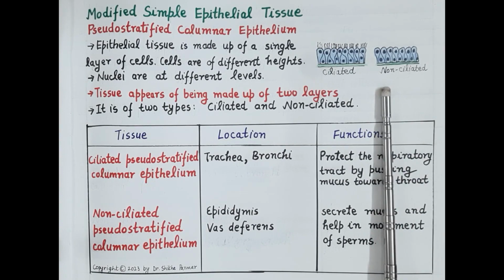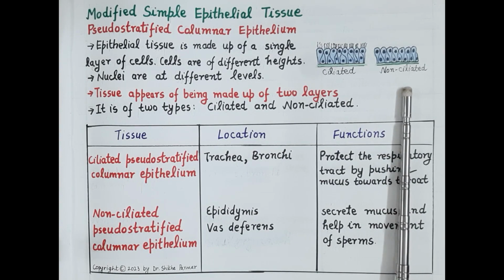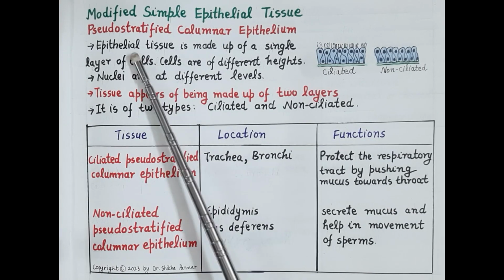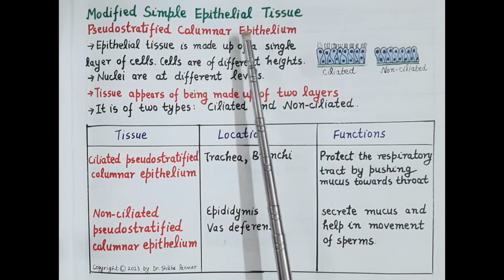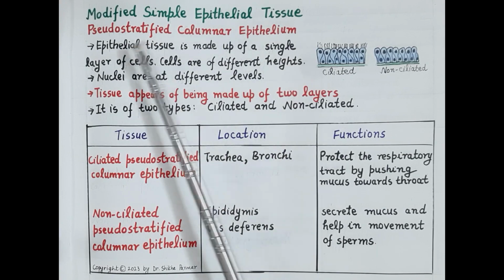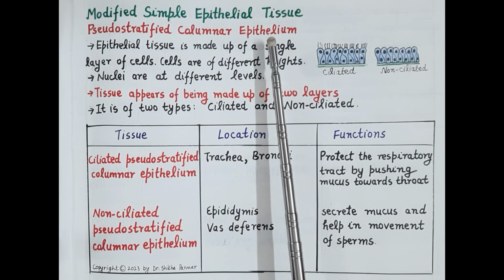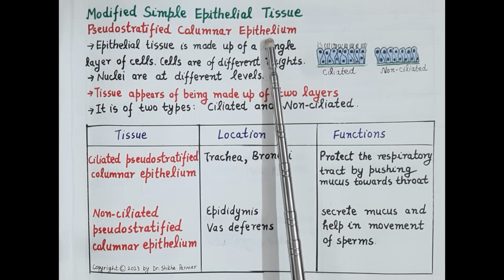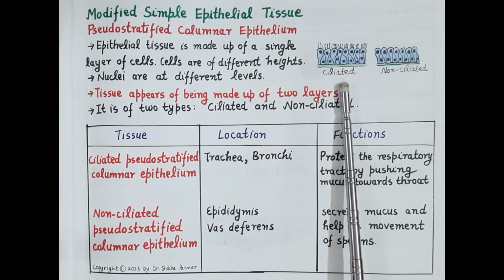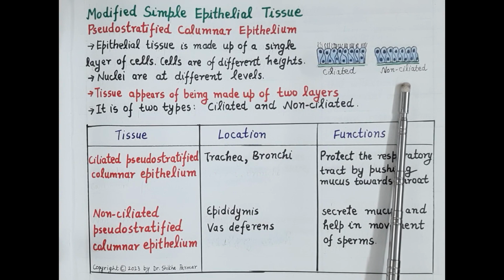And since it looks like stratified, this tissue is known as pseudo-stratified columnar epithelium. It can be ciliated or non-ciliated.